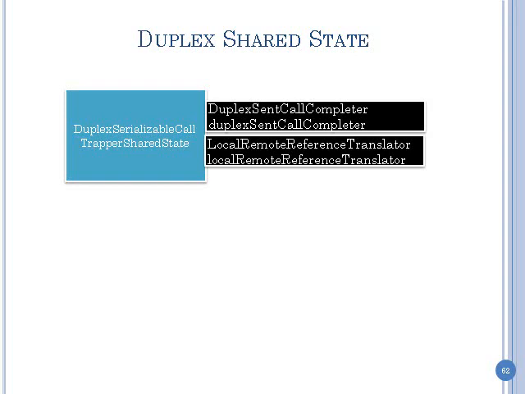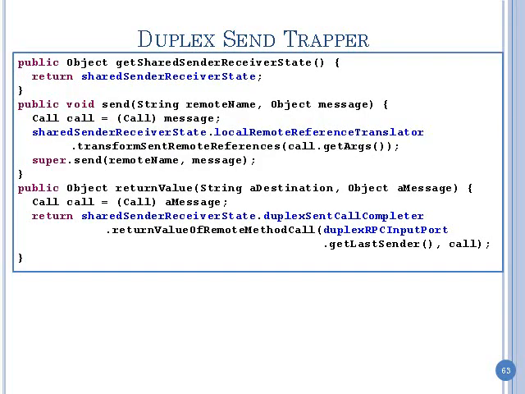My send trapper uses a translator to marshal, and then returns the value of the remote method call. So before sending the value, it marshals using one piece of shared state, and after sending the value, it waits for completion.